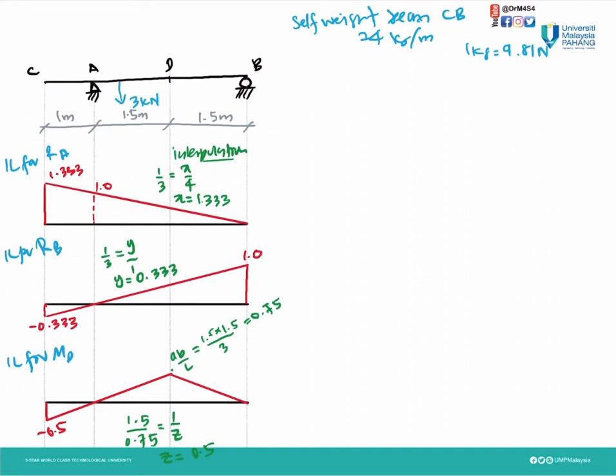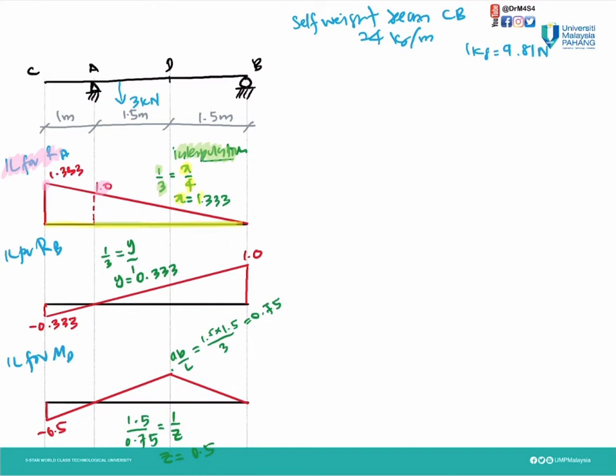We go for the influence line RA. We know the value 1 is here, so we need to find the value here. To do that, we can use interpolation. At value 1, the total length here is 3 meters and the total length until the end is 3 plus 1, which is 4, and we don't know that value, so we name it x.